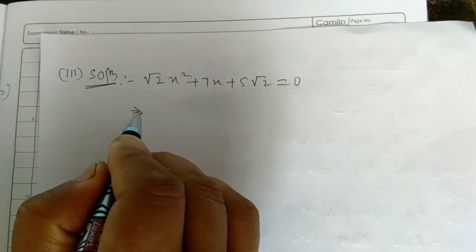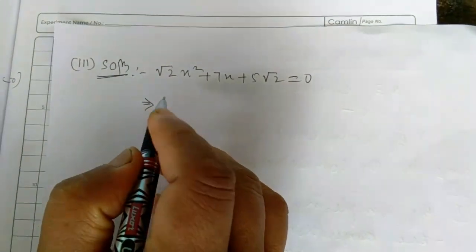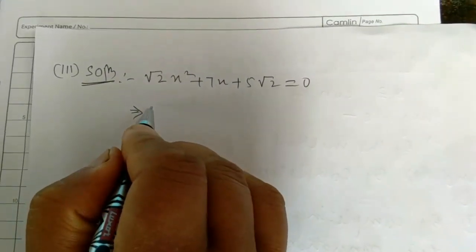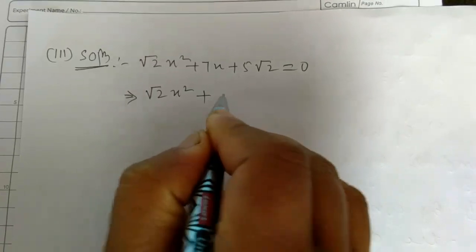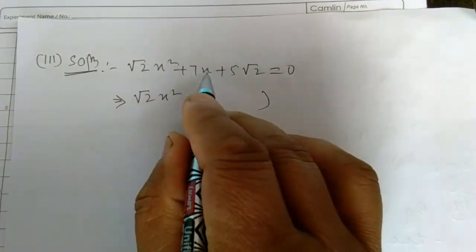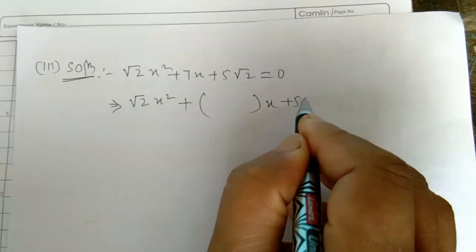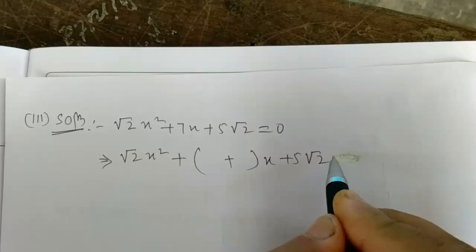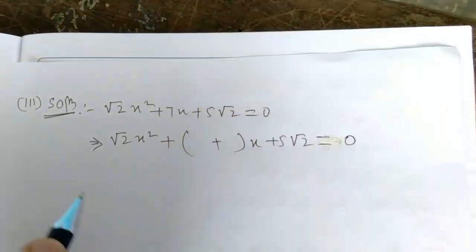It is the factorization method. Factorization means middle term factorization. So root 2 x square plus 7x plus 5 root 2 equal to 0, we have to apply middle term factorization here.